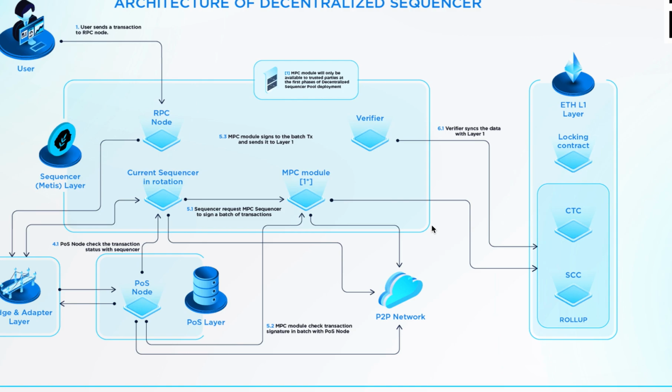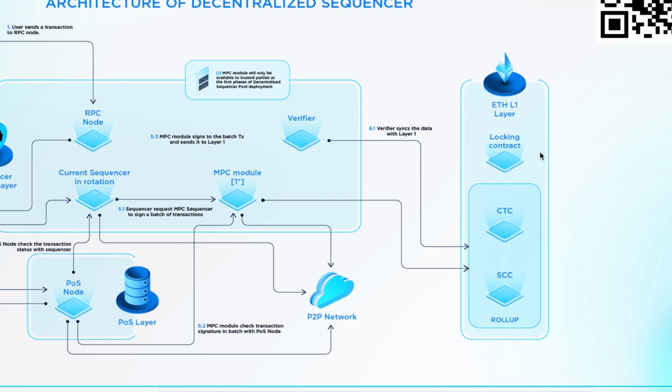After the transaction is signed by the MPC and verified by the POS, the verifier synchronizes this data to the Ethereum mainnet. The verifier ensures the integrity of the sequenced batches before they are posted to the Ethereum mainnet.